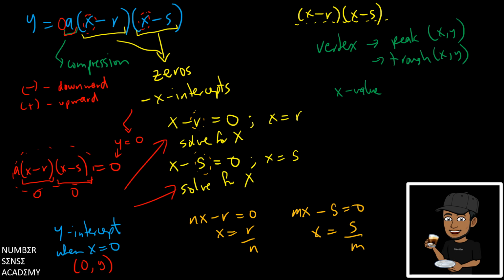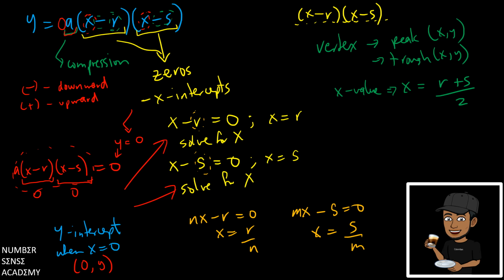And this is equal to x is equal to r plus s divided by 2. Okay, so we take the negative of the values that are in the brackets. So we have a minus r, we're going to take r. We have minus s, we're going to take s divided by 2. And we get the x value of the vertex.